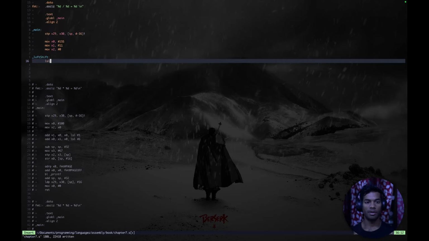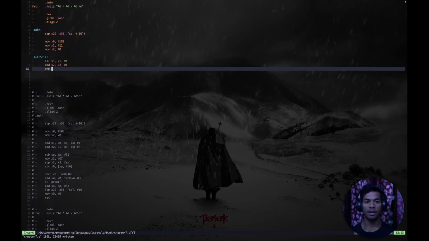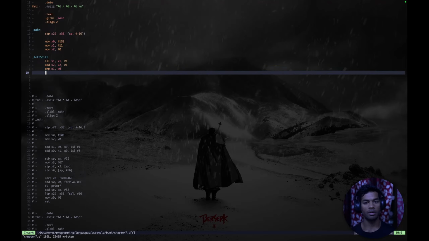So logically shift left and store in the first register the contents of the first register and one, and then add to the second register, store to the second register one, and then compare the first and the zeroth register and branch to the left shift label only if the first register is less than, or can it be equal to?